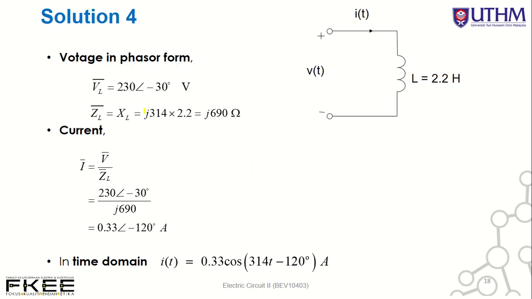What is V? First of all, you need to transfer to the phasor circuit. V_L equals 230 angle minus 30, and Z_L equals j omega L, so equal to omega L, where omega equals 2 pi f.